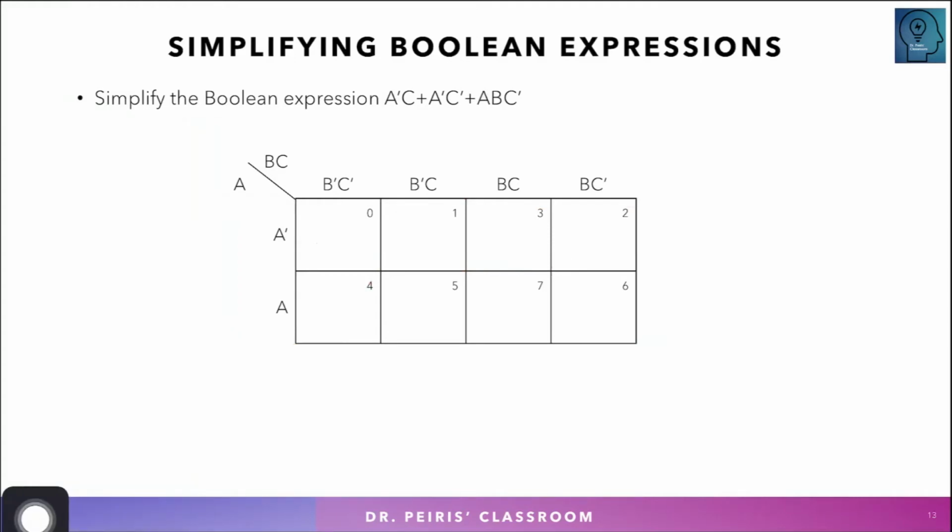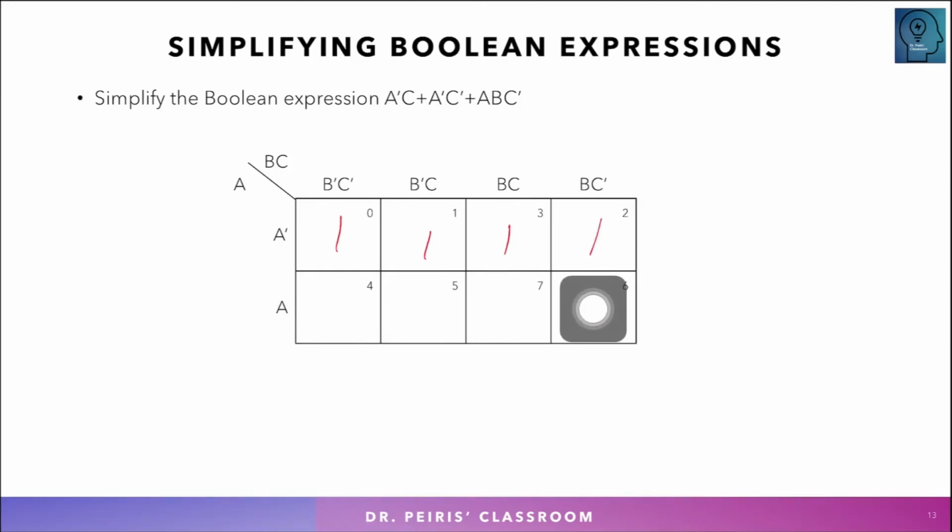And the next one, now we need A prime C. This is A prime, here is C and C, so we mark ones over here. Next, A prime C prime, here is again A prime, C prime is here and here. Next, A B C prime, this is A, I need BC prime, here is BC prime.